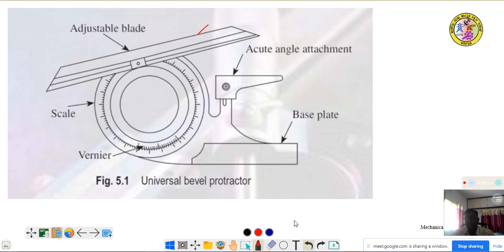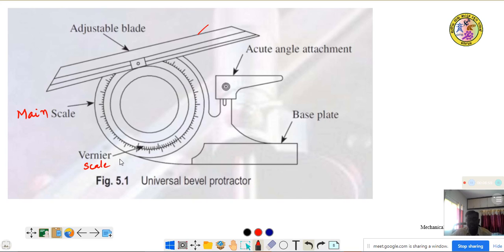One is main scale, another one is a circular scale. If you come for vernier scale also, one is vernier scale, another one is a main scale. If you come for bevel protractor also, there are two scales. One is a main scale, another one is a vernier scale. Every instrument has its own least count. So this is main scale, and this is a vernier scale.